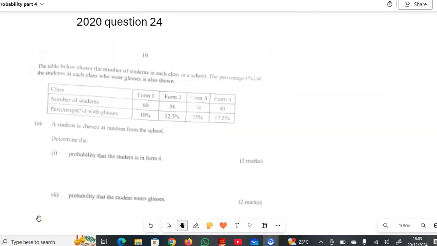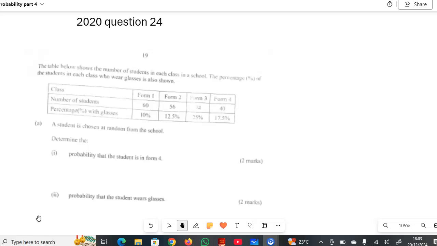So let's consider the last question on this lesson, that is the 2020 question. It was question number 24. The question says that the table below shows the number of students in each class in a school.